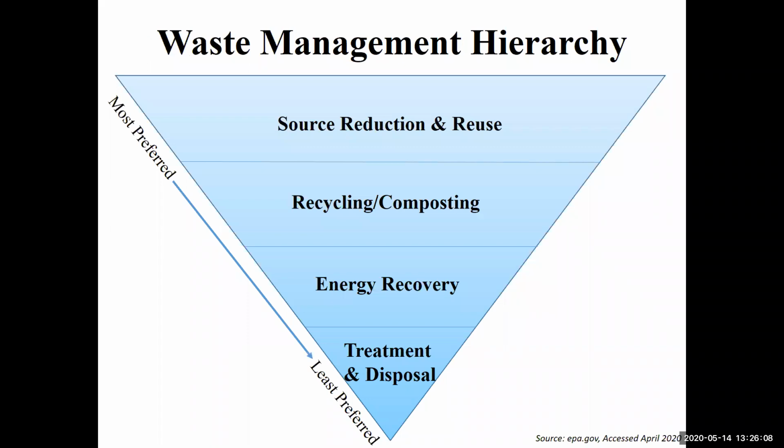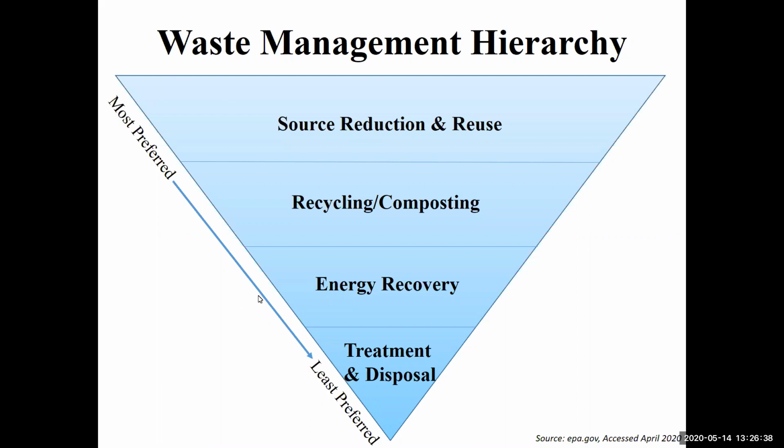Okay, so let's move on here and let's talk about better ways that we can manage our waste. So what you see pictured here, this is the waste management hierarchy, and it was developed by the EPA. So this hierarchy actually ranks waste management strategies starting from the most environmentally preferred strategy going to the least environmentally preferred strategy.